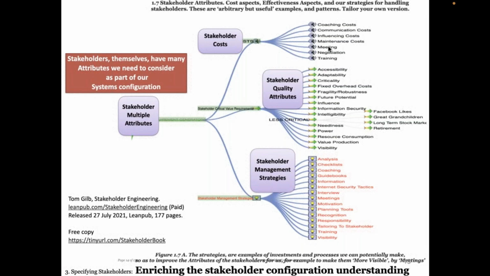Something as simple as having a meeting means you have a cost for dealing with that stakeholder. And then there are certain strategies we might develop to manage our stakeholders, like motivating them. Take a simple example here. And this becomes a set of objects which help us understand each and every one of the maybe 100 stakeholders.